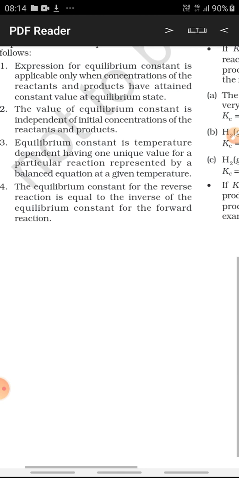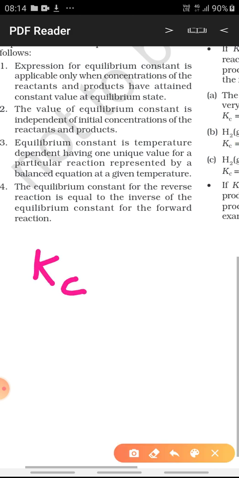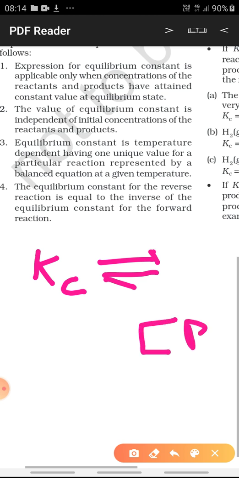Once again I am repeating that the equilibrium constant Kc is applicable only when the equilibrium is established. That means when the reaction has reached the equilibrium sign, only after that can you calculate the value of Kc. Second, Kc does not depend upon the initial concentration of the reactant.